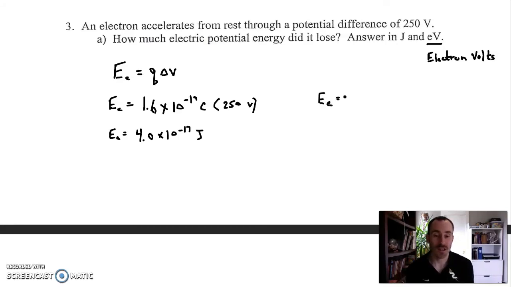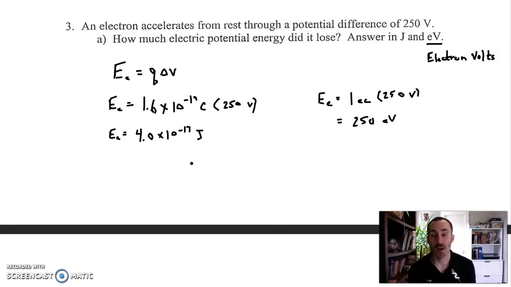E sub E is equal to 1 EC times 250 volts, which is equal to 250 electron volts of energy. Okay, so the purpose of electron volts is for using ECs instead of coulombs. Now, you can also do the conversion at the end if you would like to. So if you took this joules and wanted to switch it into electron volts, you need to know that 1 electron volt is 1.6 times 10 to the negative 19 joules.